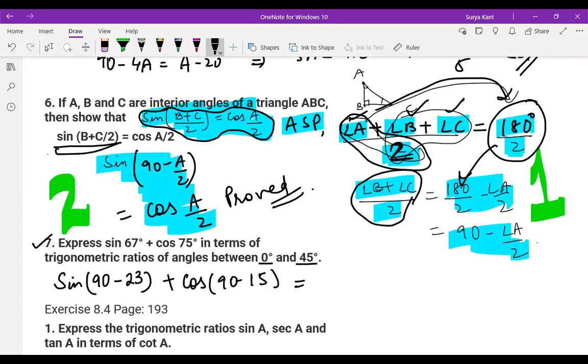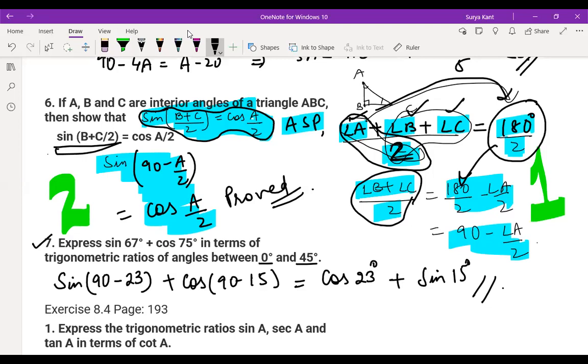Sine 90 minus theta is cos theta, so we get cos 23, and plus sin 15. So this is your answer. That's it. These are the 1 mark questions they'll ask, the 7th one and all these types of questions.